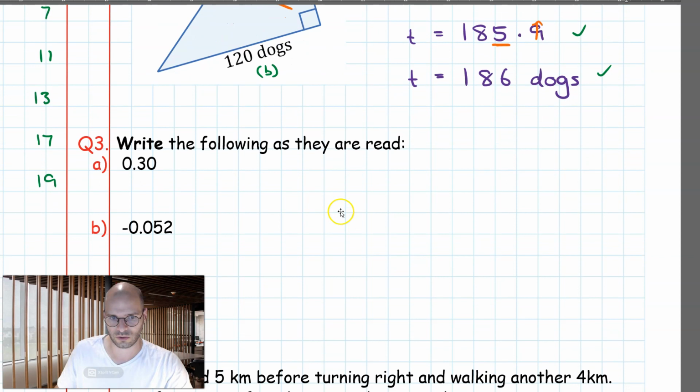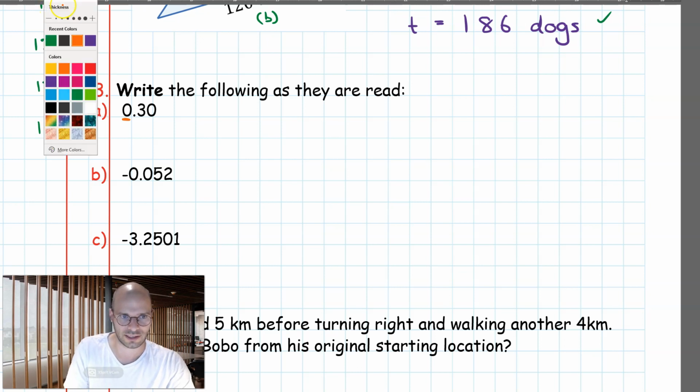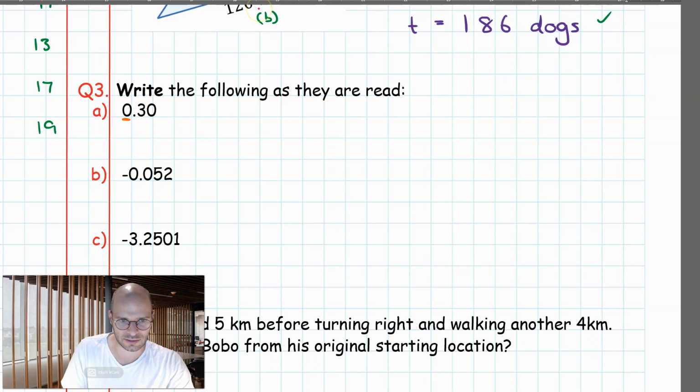Moving down, question 3. Write the following as they are read. We have for A, 0.30. Now looking at this, I always look at the first digit to the left of the decimal point, and I see this is 0, so I don't have to write anything. The next I see is the decimal point.